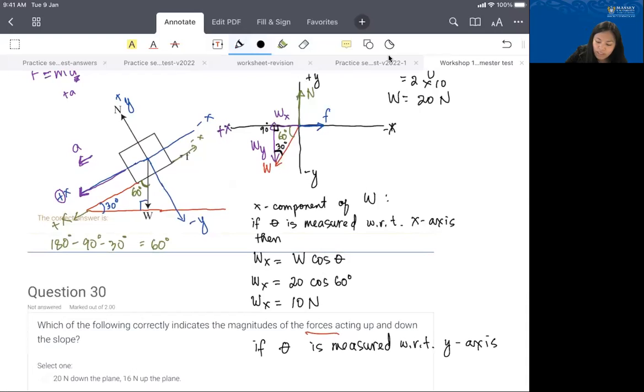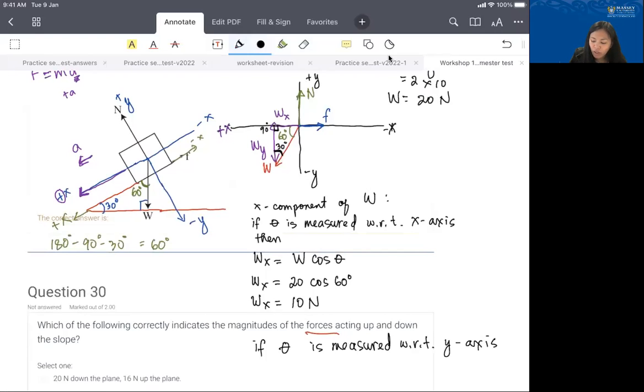I don't have a pointer here, but if you look at the 30-degree angle in the free body diagram of the rotated axis, it is measured from the vertical component, Wy, so from the vertical or y-axis.